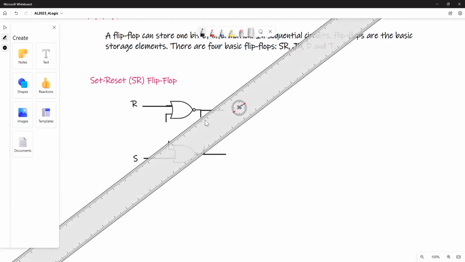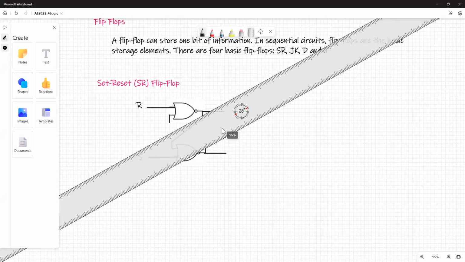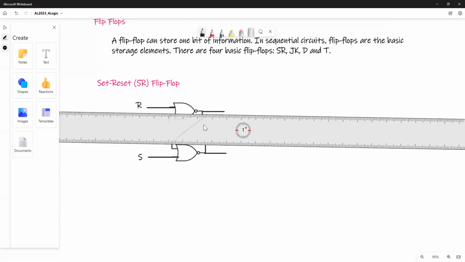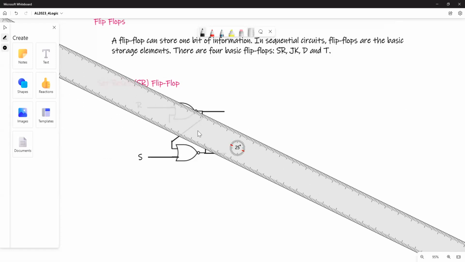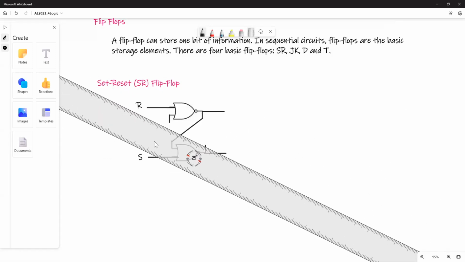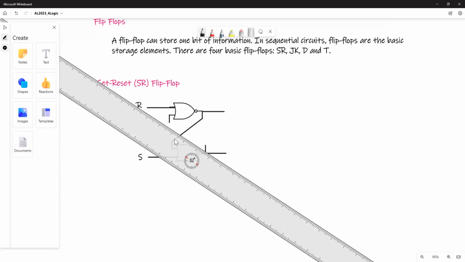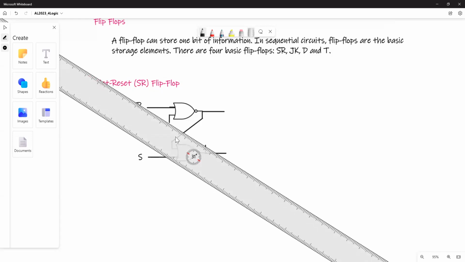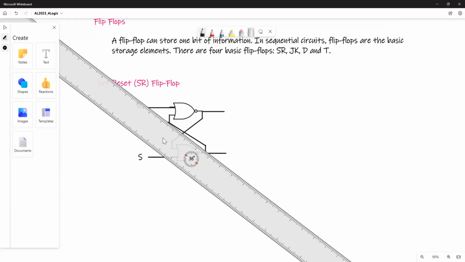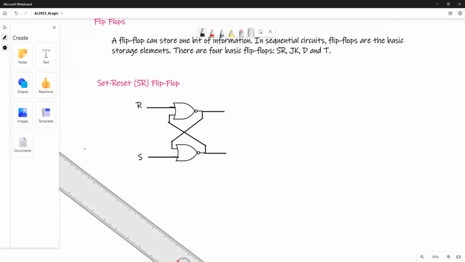Right? We are going to connect these two together. Similarly, here also the output is going to connect to the input. Right?